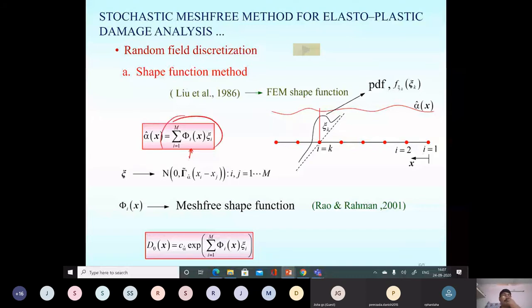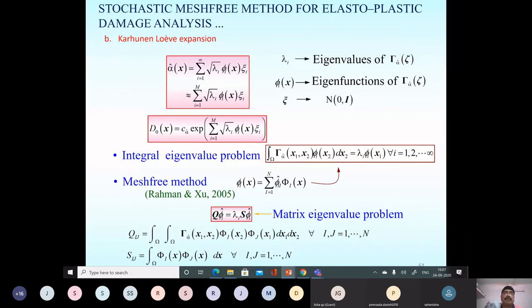Now another technique is something known as series expansion. Okay, this is a spectral decomposition of the autocovariance function. This autocovariance function is a kind of inner product, so you can get the spectral properties, and you can expand using your eigenvalues and eigenfunctions. Okay, so finally this is how it looks. You have to get the eigenvalues and eigenfunctions, and your random field can be modeled using this.